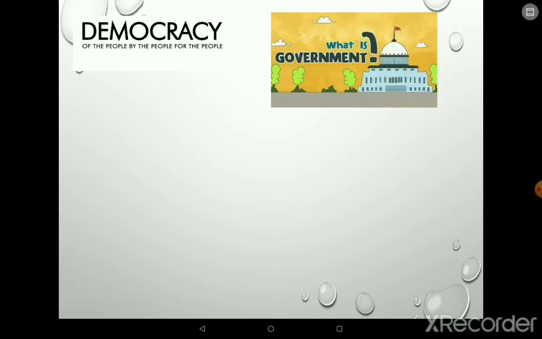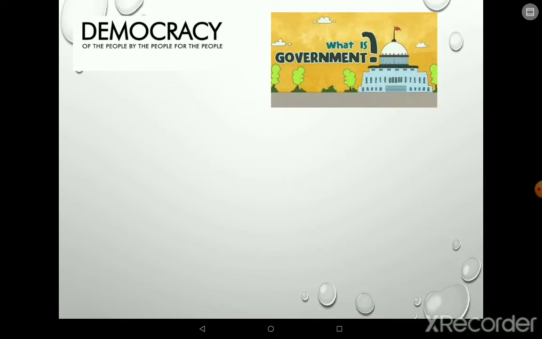After that, we have seen some features of the democracy, like right of the people to elect their leaders, then right of the people to express their views on the policies of the government. Then we have learned about the equality and justice. These features of democracy we have learned in the last session.